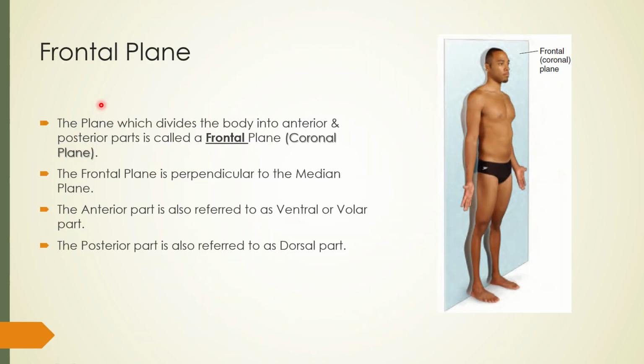Next, the frontal plane. The frontal plane is the plane which divides the body into anterior and posterior parts. It is also called the coronal plane. The frontal plane is perpendicular to the median plane. As the median plane is from vertex to the coccyx, it is perpendicular to the frontal plane.